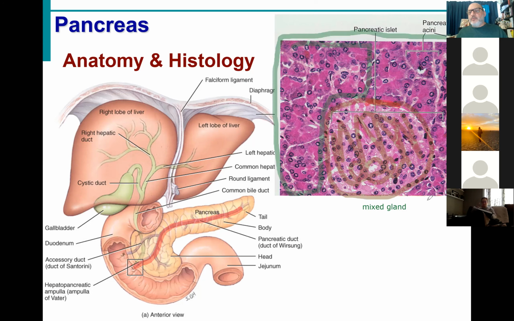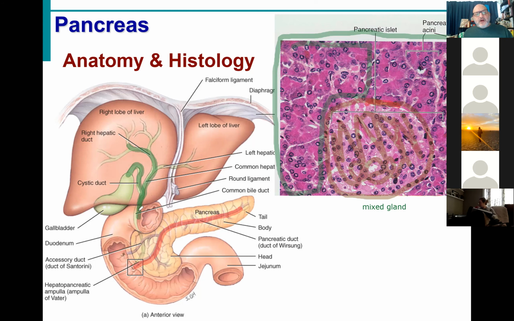They're the ones that are producing the enzymes and the bicarbonate and releasing it via a duct, the primary pancreatic duct, into the duodenum.